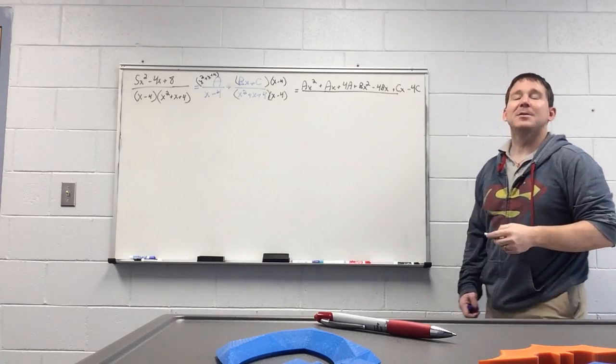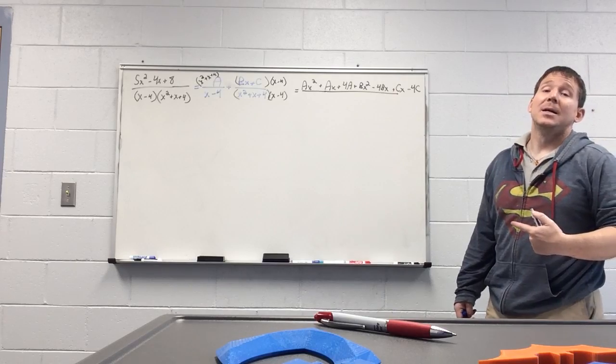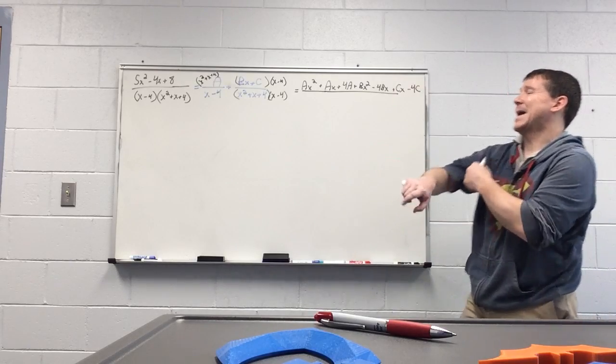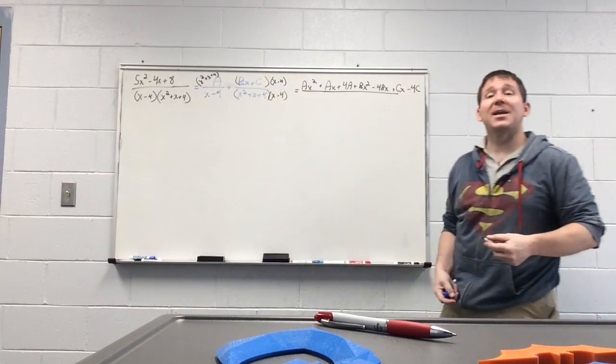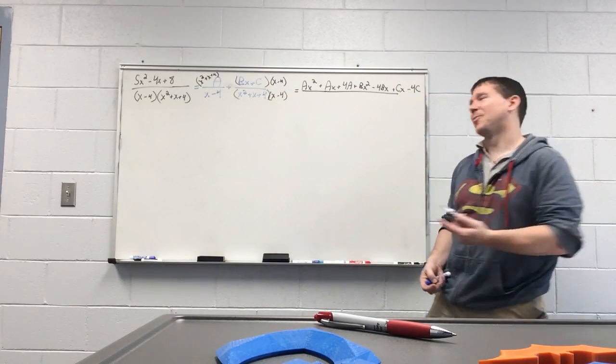I'm not going to bother writing out the denominator because, again, we only actually care about the numerators. But once I account for this trick with that irreducible quadratic term, everything is the same as before.